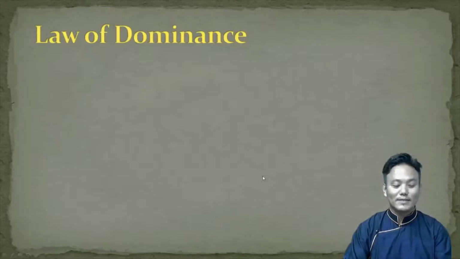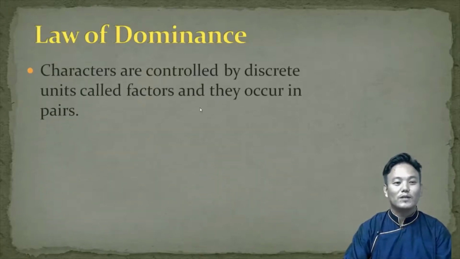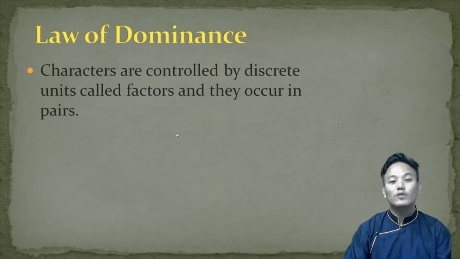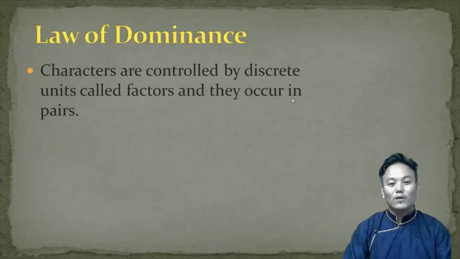So let's see the statement of law of dominance. What does the law of dominance state? You might want to copy it down. Law of dominance states that characters are controlled by discrete units called factors. We now call these factors genes, and they occur in pairs. Why do you think they occur in pairs?